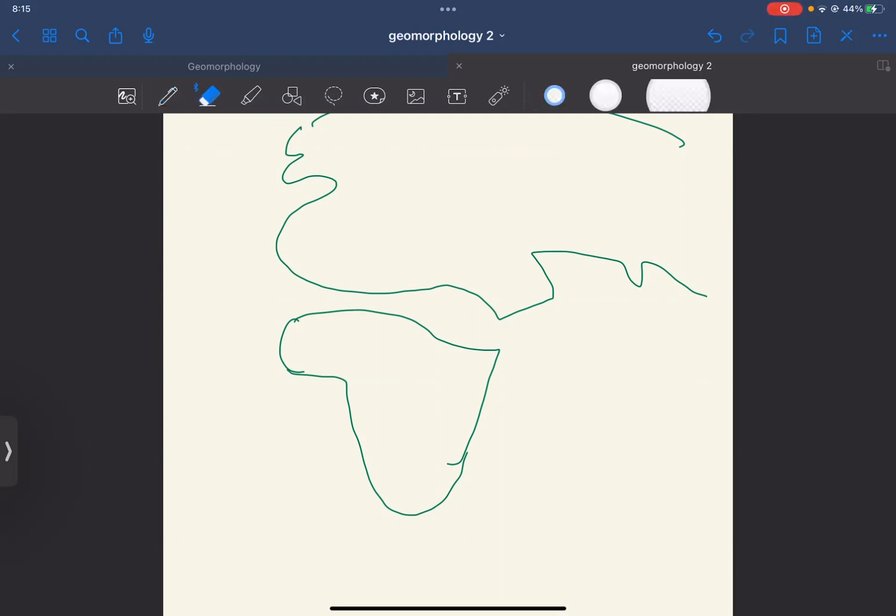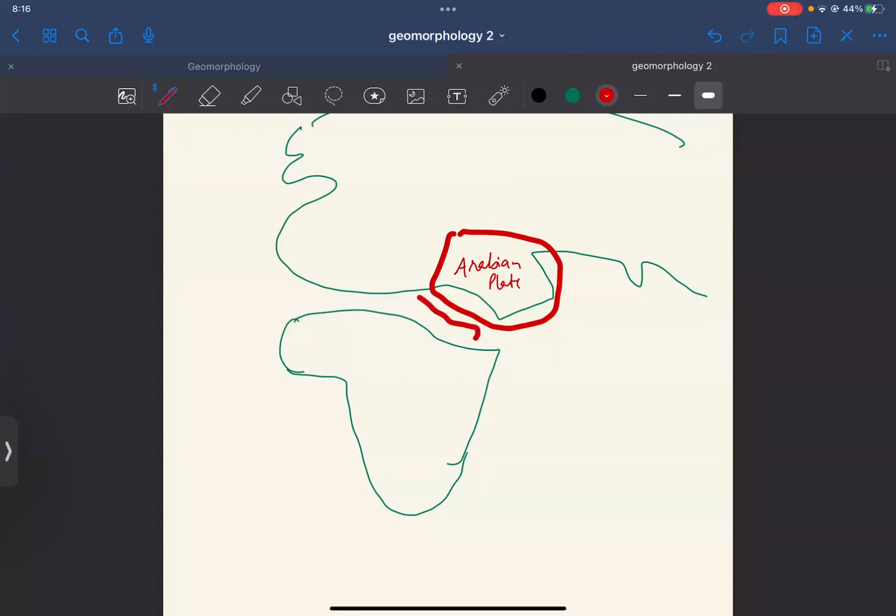Over here we have a minor plate, the Arabian plate. This is the African plate, also known as the Nubian plate.